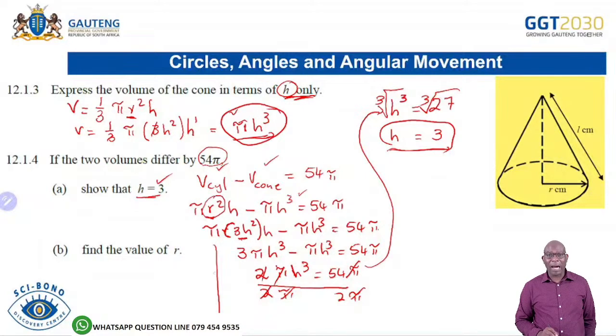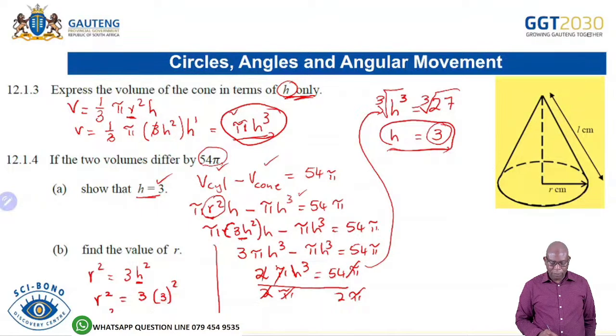Find the value of r. How do I get the value of r? Isn't it that I know that r squared equals 3h squared? But I know what my h is. My h value is going to be 3. So I'll say r squared equals 3 into 3 squared, and r squared will be equal to 9 times 3, which is 27.